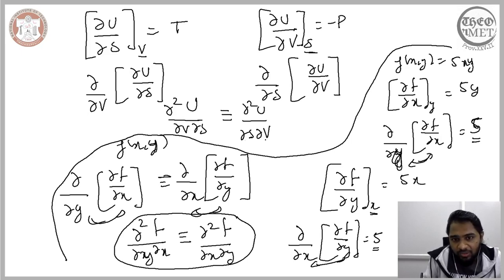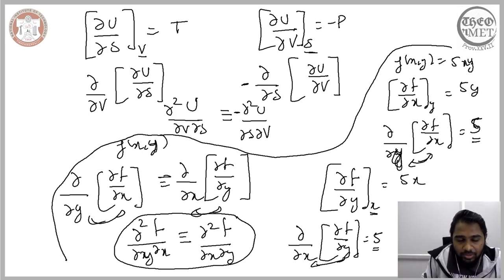So just the order is reversed, therefore these two second derivatives are equal. Now we have already arrived at a relation for the first derivative. There is a negative sign here, so this negative sign needs to be carried over.